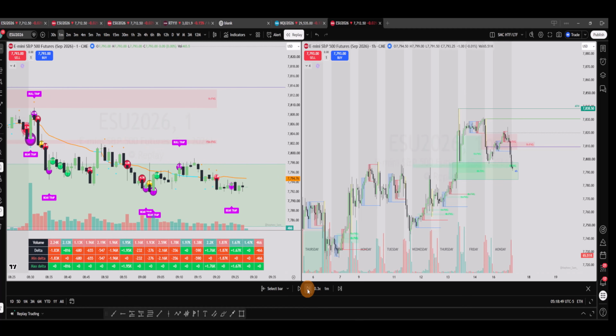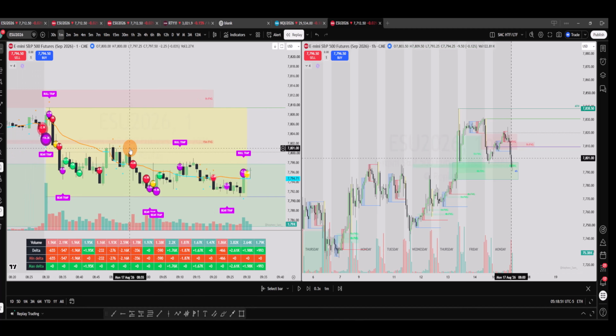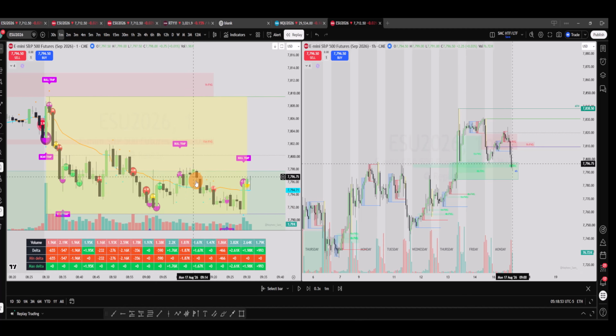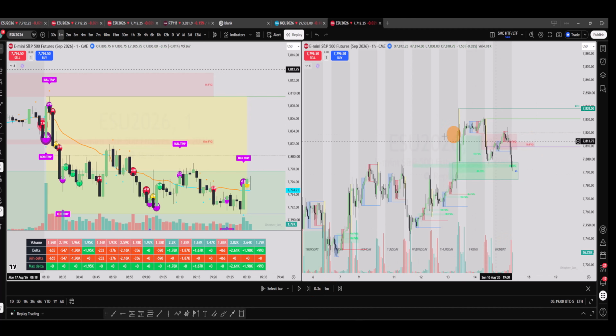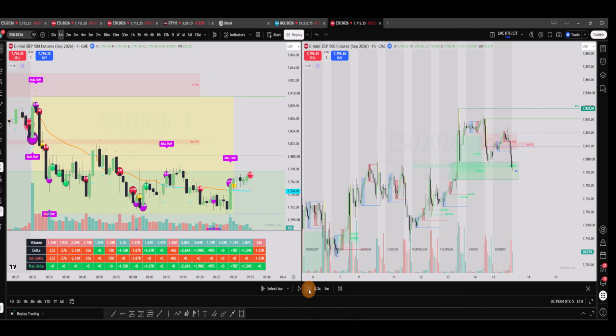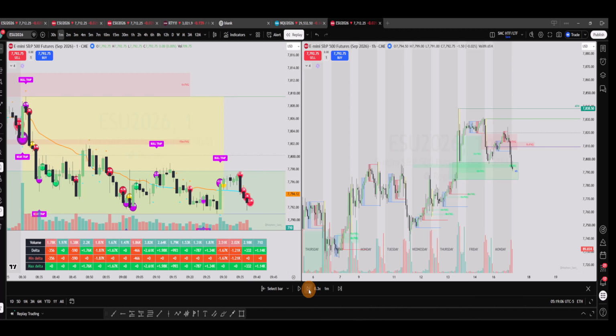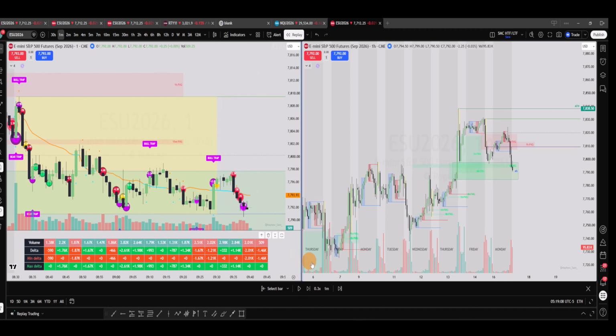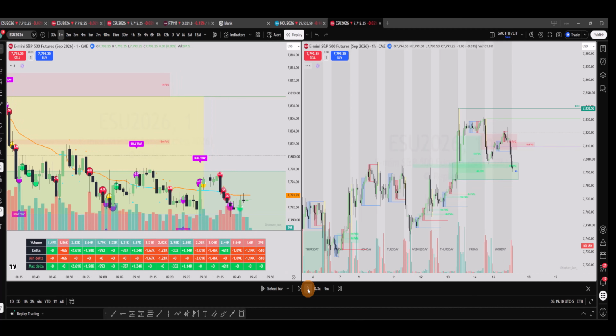So price continues to chop. We got our initial balance, and we have just some more grinding chop as price moves down into this higher time frame. This is on the hourly over here, this is on the 1 minute, and we're just assessing both of those time frames. Now we have more bears coming in. We take the initial balance low right here, and we still have some more grind, some more chop.